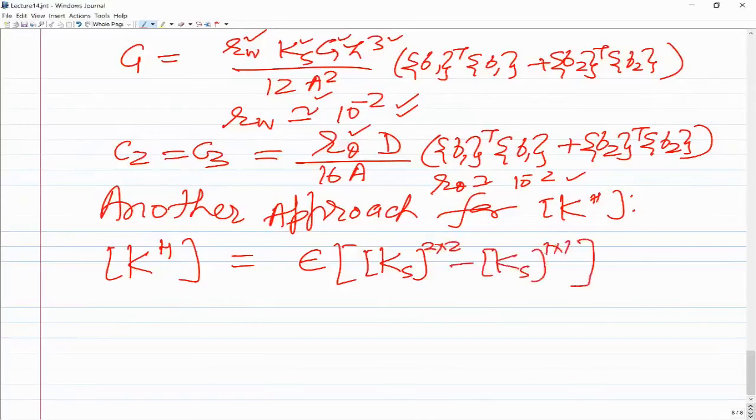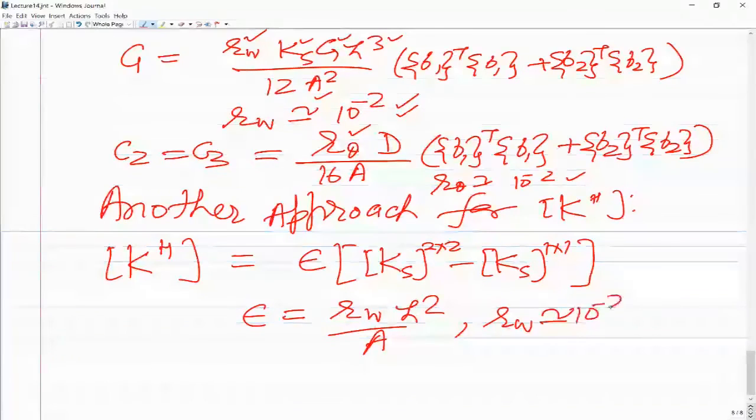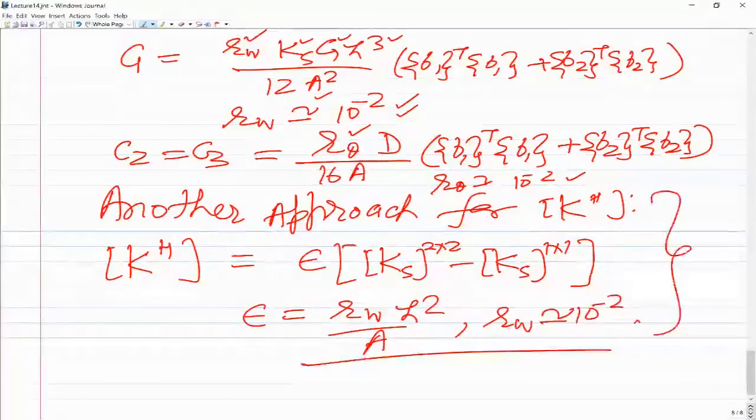Take the difference of these two, multiply by epsilon, and add this as the stabilization matrix. Of course this will only control the W hourglass, because it corresponds to that. Here epsilon would be RW into h square by A, where RW is the same, approximately 10 to power minus 2. This is a much simpler approach, and you can also use this kind of stabilization matrix.